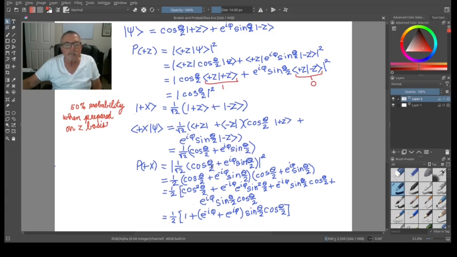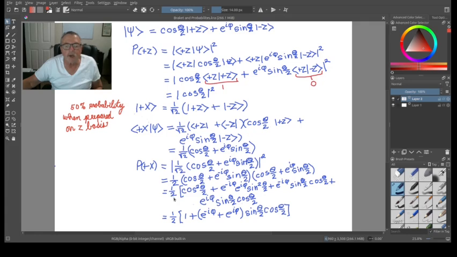If we want to get the probability, the magnitude of this requires us to use the complex conjugate for one of the factors. And the complex conjugate is shown here with the minus I phi sine theta over 2. And here's the one that's not the complex conjugate. That's what we started with.